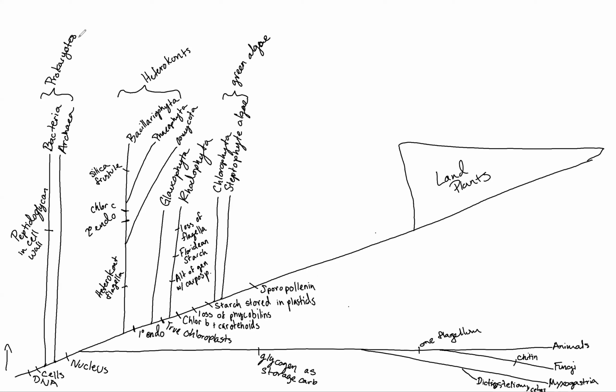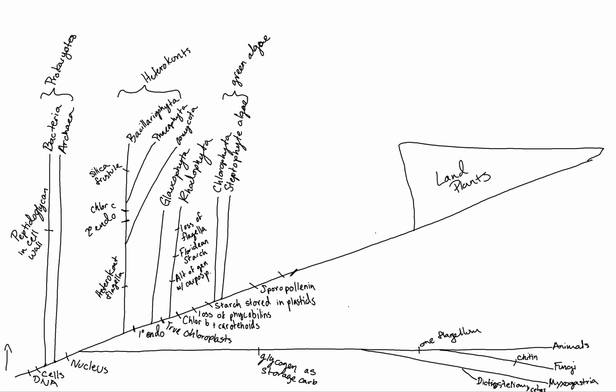So they'll have sporopollenin in their spore walls. Later, when pollen evolves, we get sporopollenin in the pollen walls. So that's why it got its name, sporopollenin. It's one of the toughest polymers out there. And so it is highly desiccation resistant and decay resistant, actually. So sporopollenin is going to allow these organisms to put their propagules out there into this dry, harsh environment and allow them to survive better.